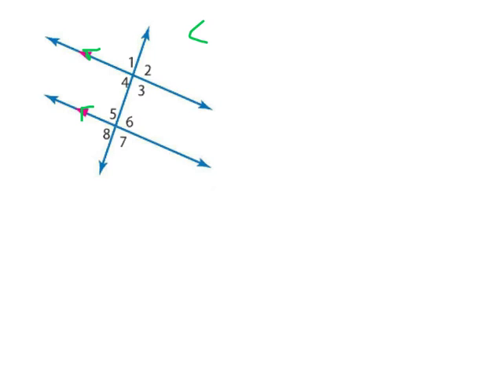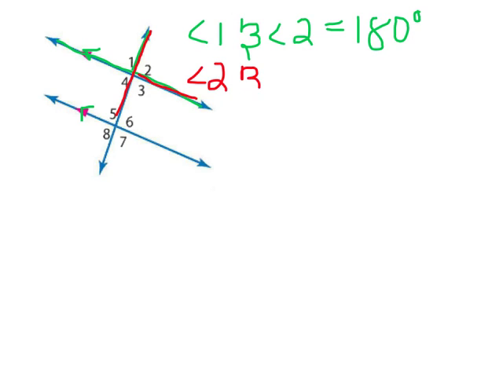So angle 1 and angle 2 add up to this flat line, so total they are 180 degrees. Angle 2 and angle 3 are also 180 degrees because they are supplementary and add up to that flat line.